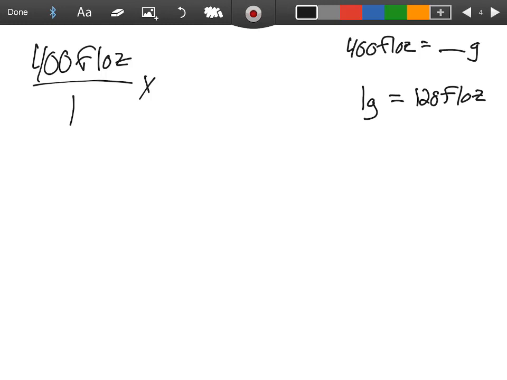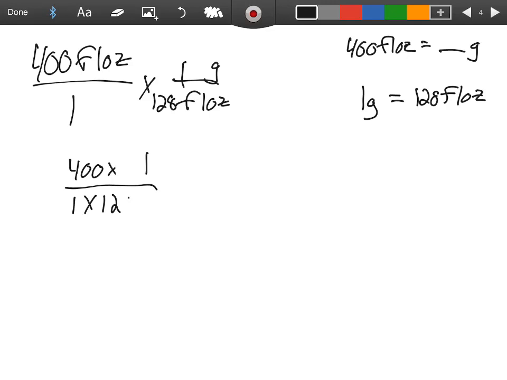And we're going to this time put the fluid ounces on the bottom because we want those to cancel out, and our destination is gallons. So we have 128 on the bottom and 1 on top. So when we multiply those out, we get 400 times 1 on top and 1 times 128 on the bottom, and we end up with 400 over 128, which we have to divide.